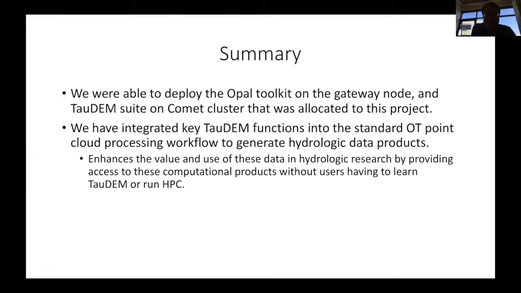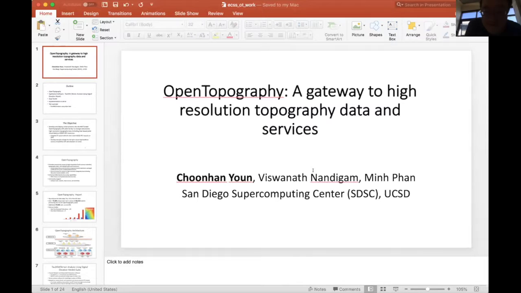This enhances the value and use of this data in hydrology research by providing access to this computational product without the user having to learn TauDEM or run HPC. So that's all my talk. Sorry about that, it took so long.